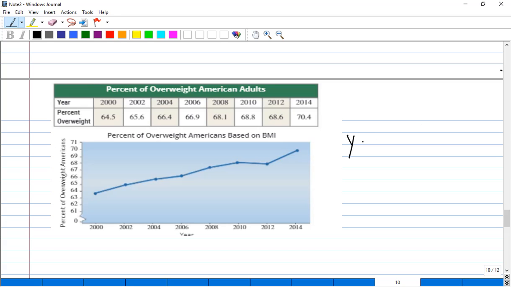It will be y equals negative 705.5214 plus, this is to estimate the percentage, 0.3851 times the year.